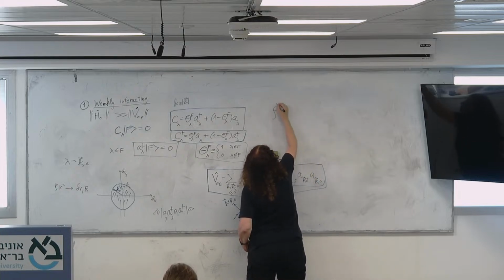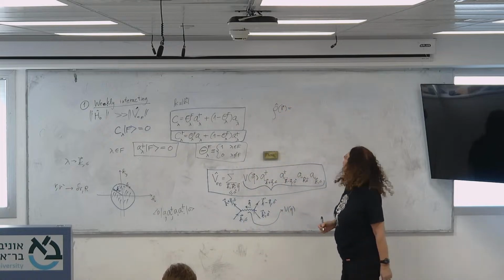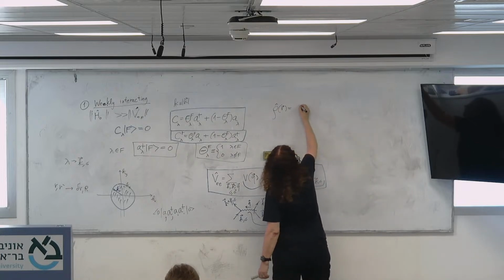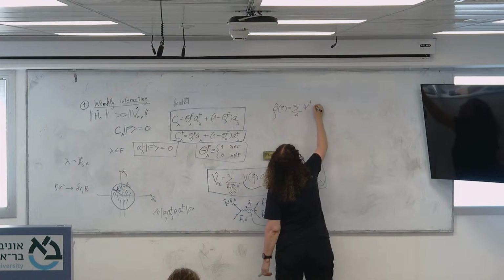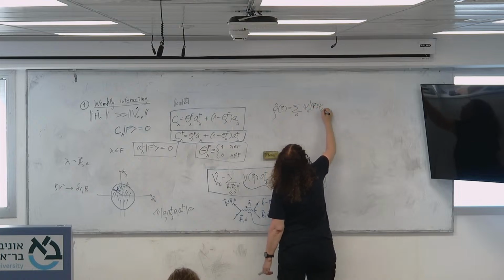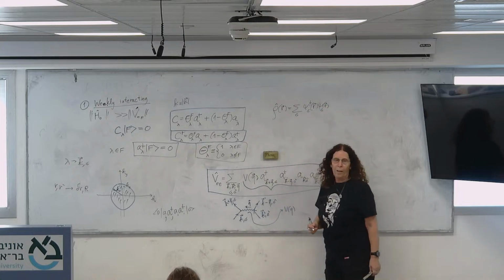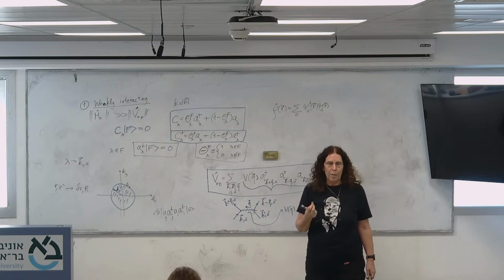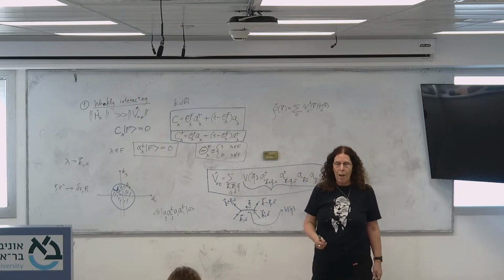I remind you that we defined a density operator for the electrons to be a sum over sigma of psi dagger r sigma psi r sigma. This is the density in real space. Now I can make a Fourier transform of it, right?